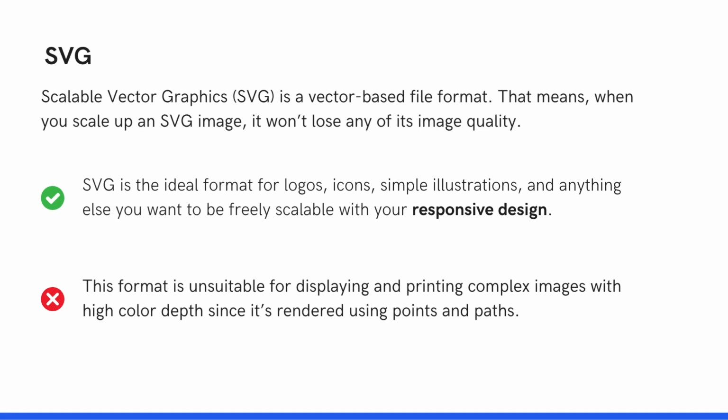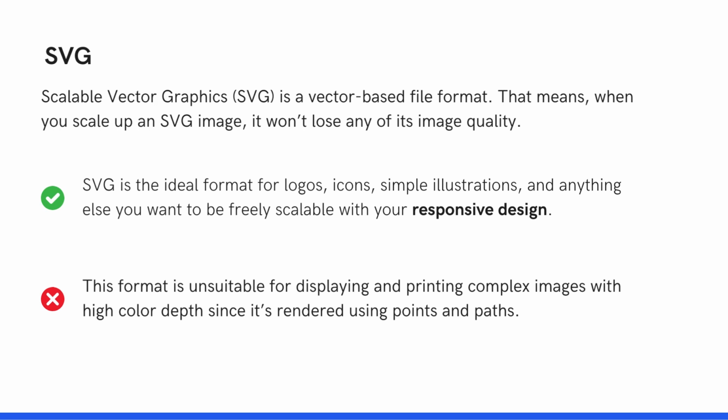Next one, my favorite one, is SVG, Scalable Vector Graphics. It is a vector-based file format. It's not based on pixels anymore. That means when you scale up an SVG image, it won't lose any of its image quality.